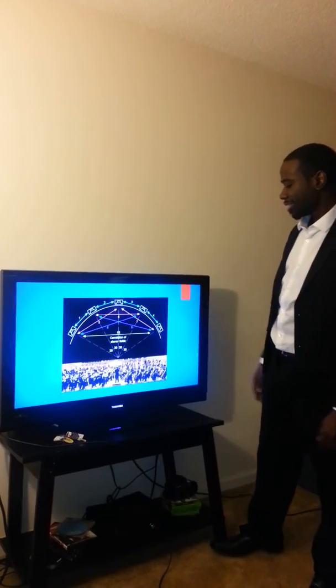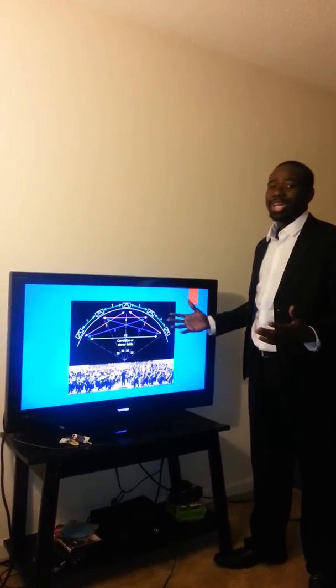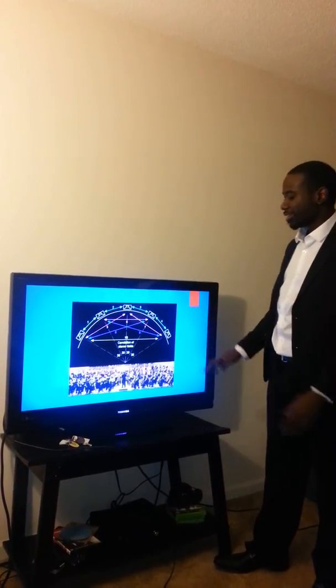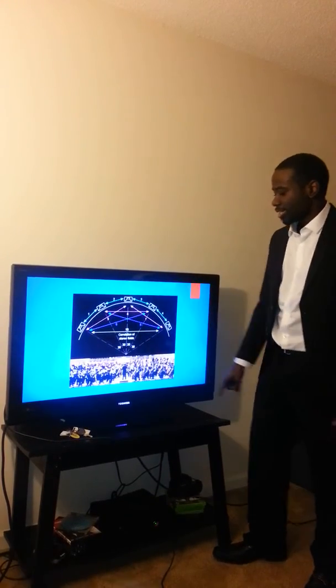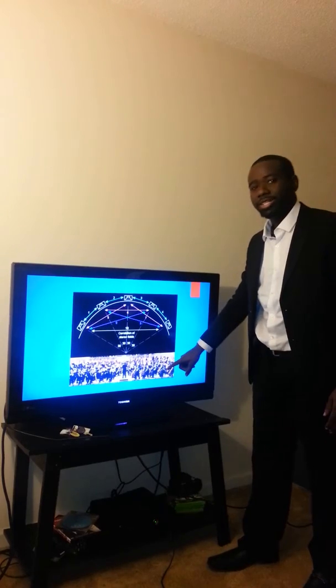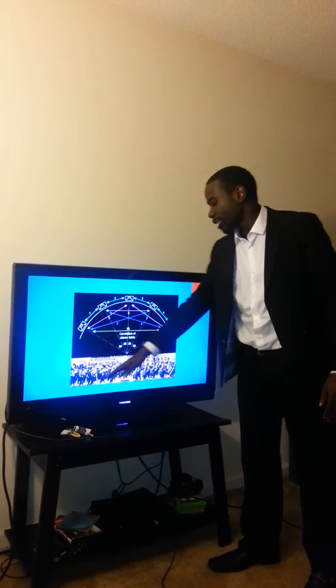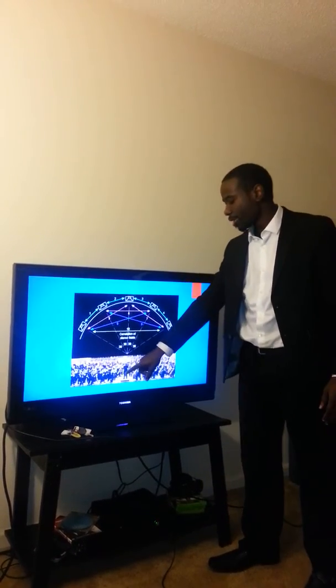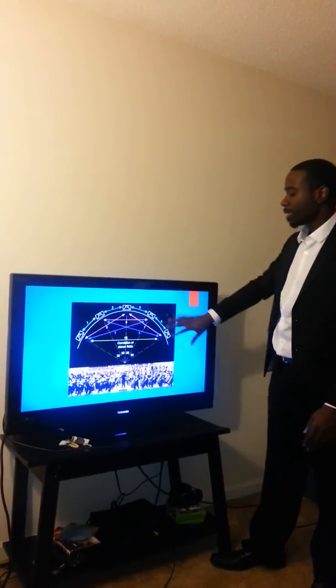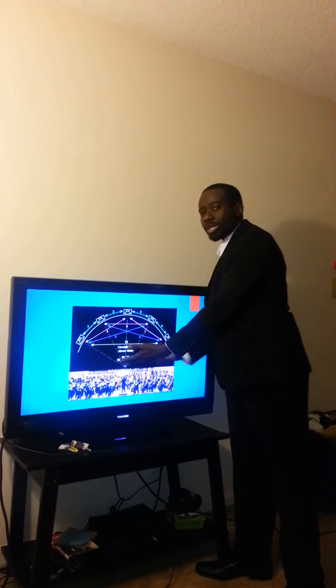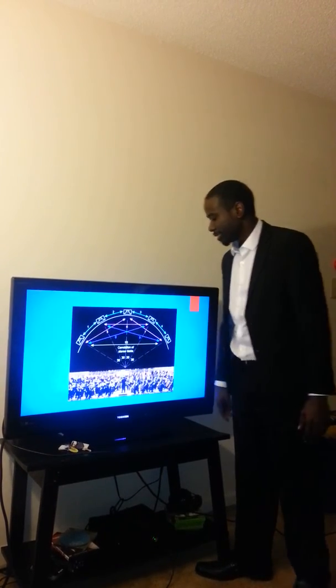This here is the same concept, but instead we have it on an audio spectrum. So down here again is our stage. Here's our instrumentalist playing. We have our composer right here in the middle. And up on top, this is what it would look like if we were trying to mix that digitally.